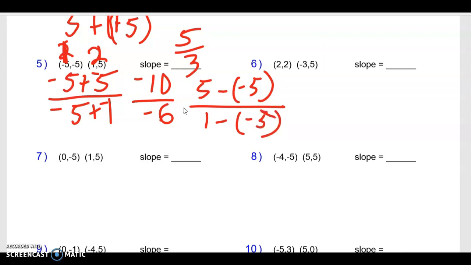You don't have to work it twice. I'm just showing you that you can work it either way and you'll still get the same answer. So here we're going to add and we still get 10. Then 1 plus 5 still gives us 6. We still divide by 2 and we get 5/3. So at the end, you can use either point first and you'll still get the same answer.